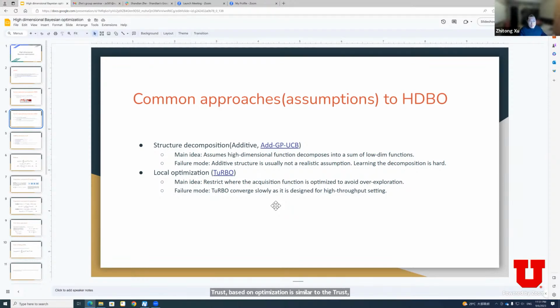The main idea is to restrict where the acquisition function is optimized to avoid over exploration. TURBO didn't make any assumption. It didn't assume there's a low dimensional subspace, and it didn't assume there is a structured decomposition. So TURBO converges really slowly, and it is designed for the high throughput setting.